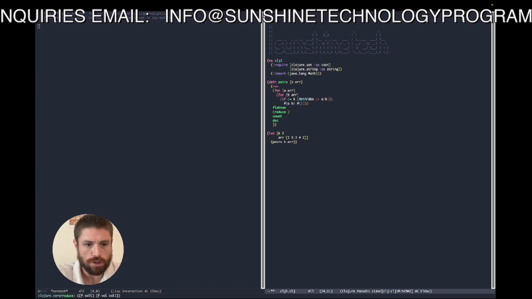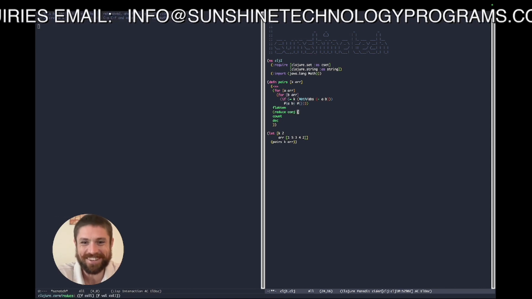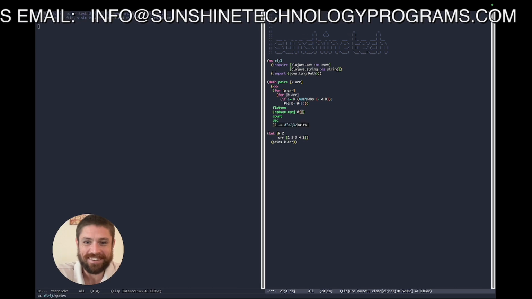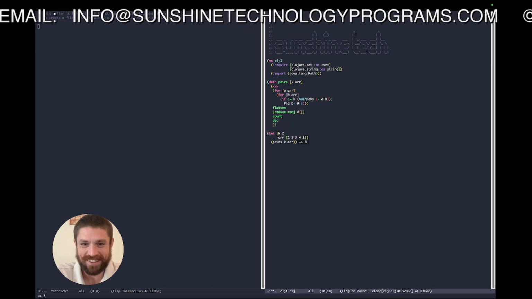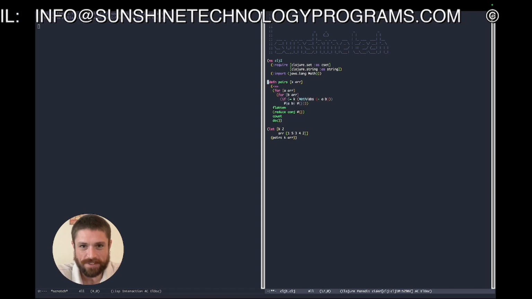Reduce, conj into set. And then count and then decrement. And that's what it should be. I think that's it. I think that's the solution.